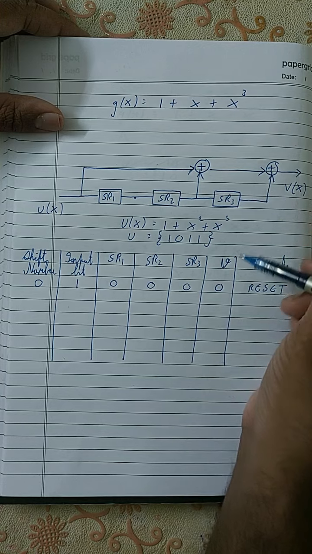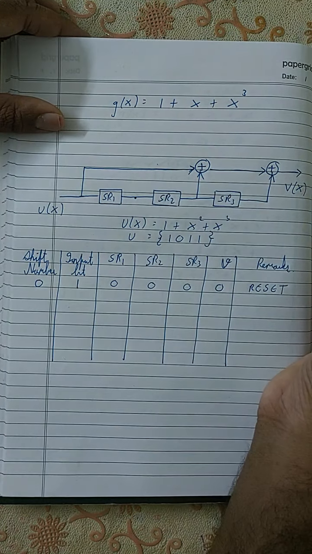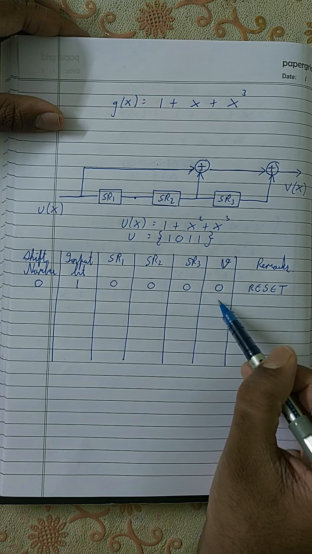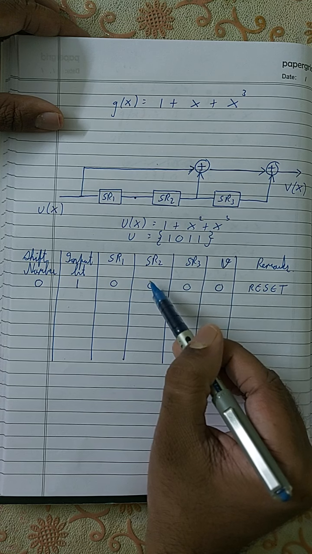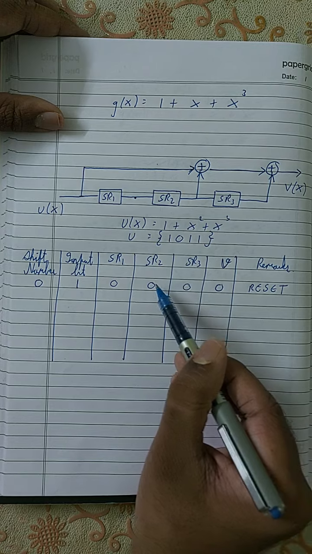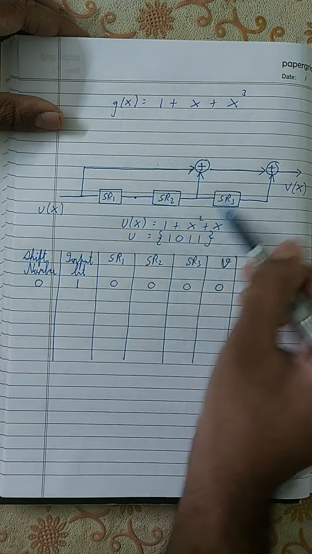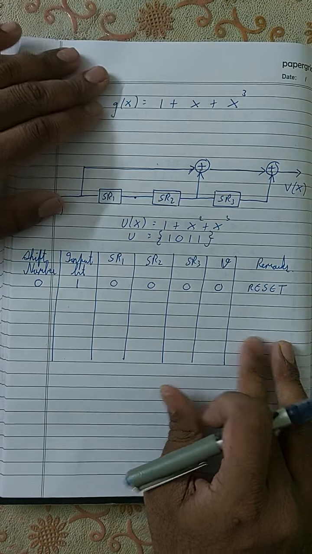So therefore, V is equal to SR3 plus SR2 plus input bit. If you want to write the output value, you need to add SR3 plus SR2 plus the input bit. Remember that: SR3 plus SR2 plus input bit. That is the working of this circuit, okay? So that's how we explain the circuit.